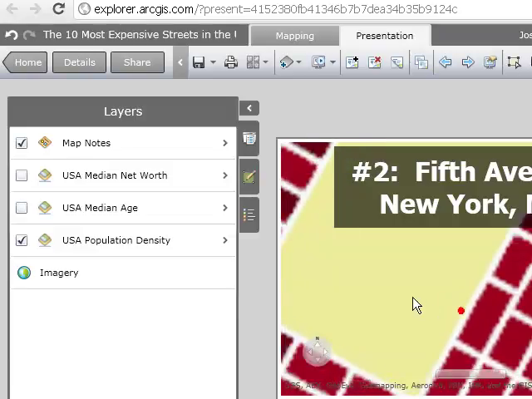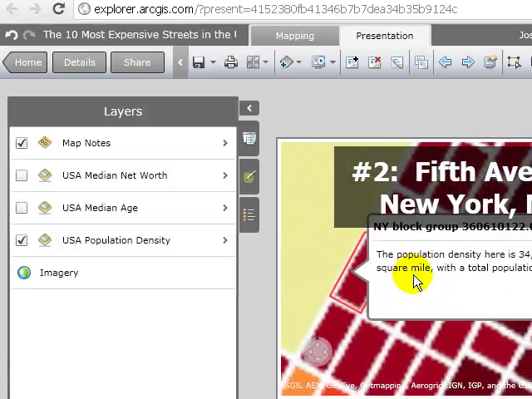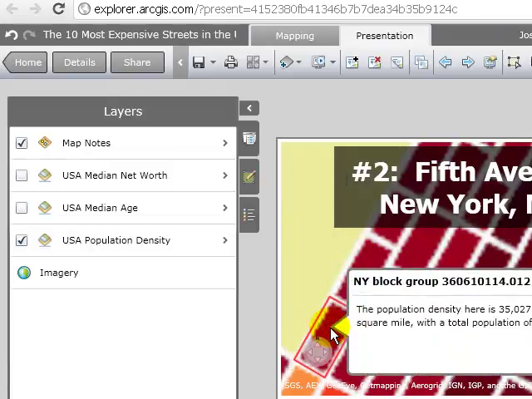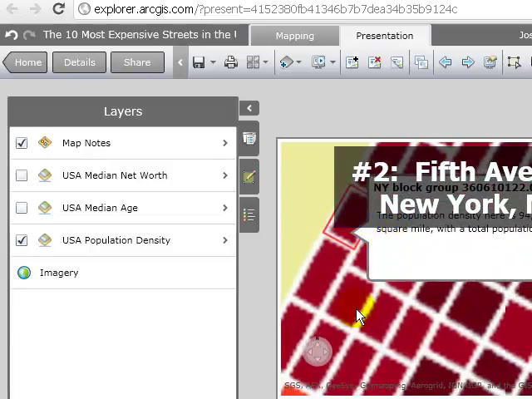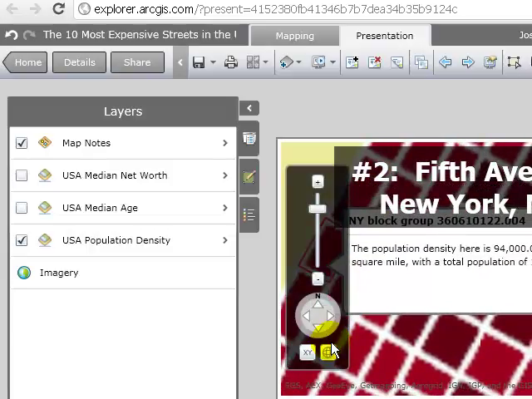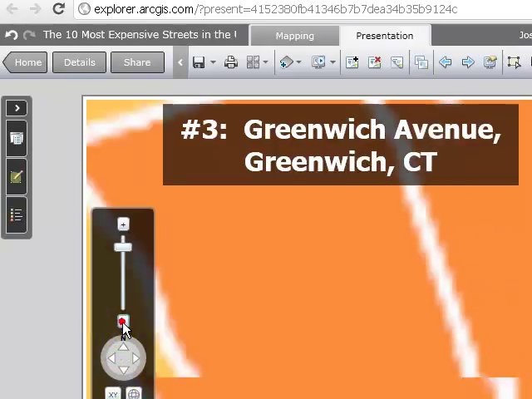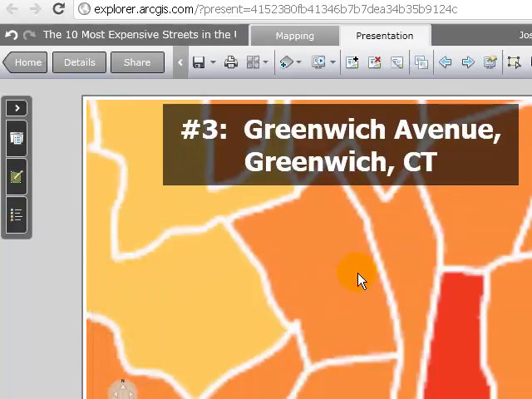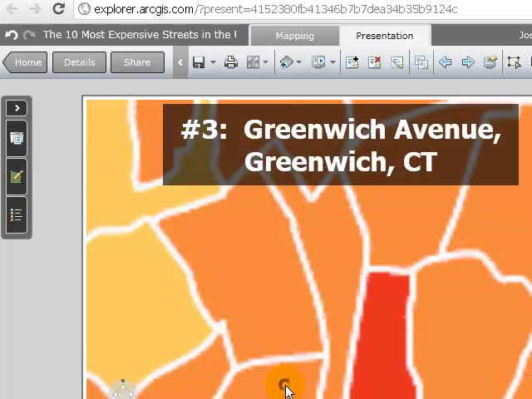Zoom out a bit. 34,000 people per square mile here. 35,000 people per square mile here. 94,000 people per square mile. What about Greenwich? Zoom out a bit. 6,000 people per square mile.